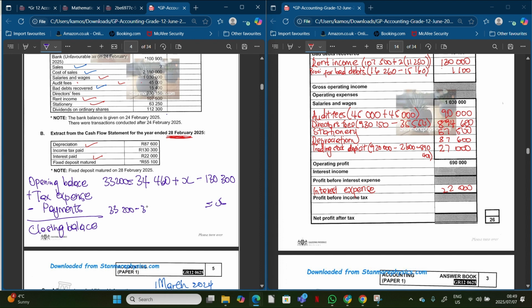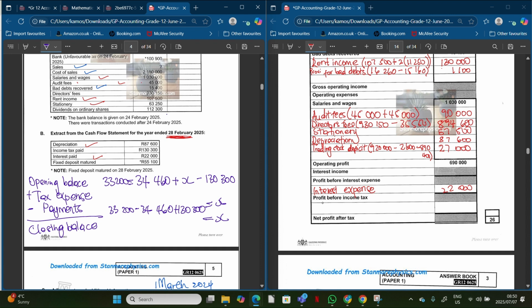So if we do our maths, X is 33,200 minus 34,460 plus 130,300. That gives us an amount of 129,040.